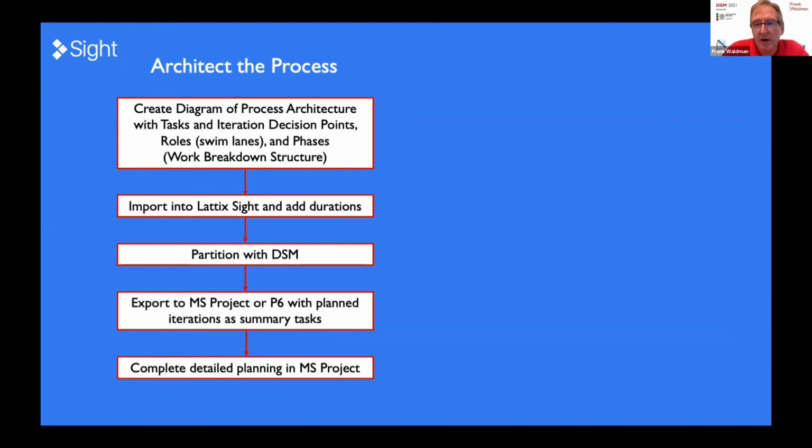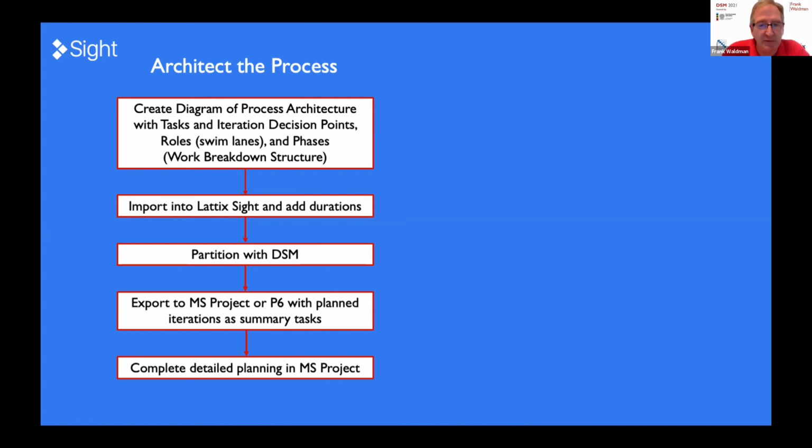And they can use a variety of tools. BPM is very common these days. There's lots of different tools that can do that. And then we import it into Site. And typically, when they're diagramming, they don't put durations in.